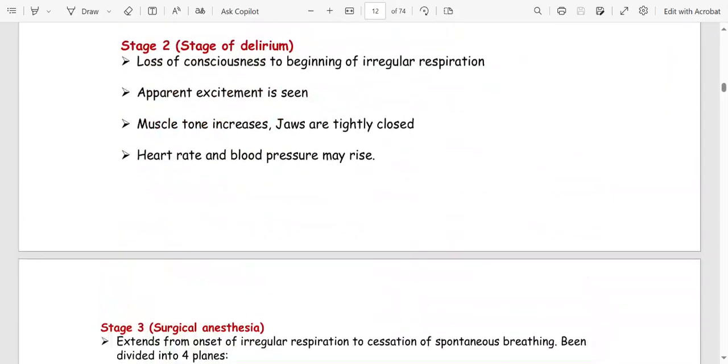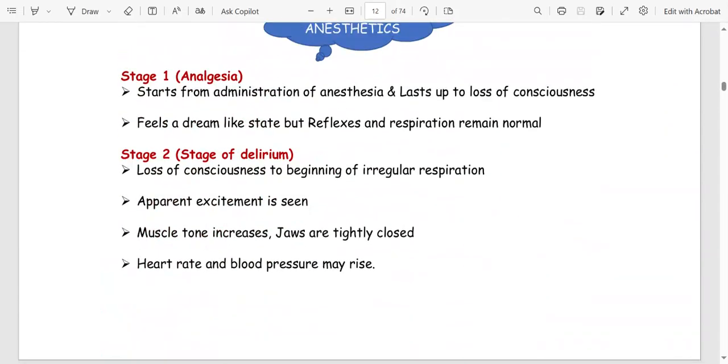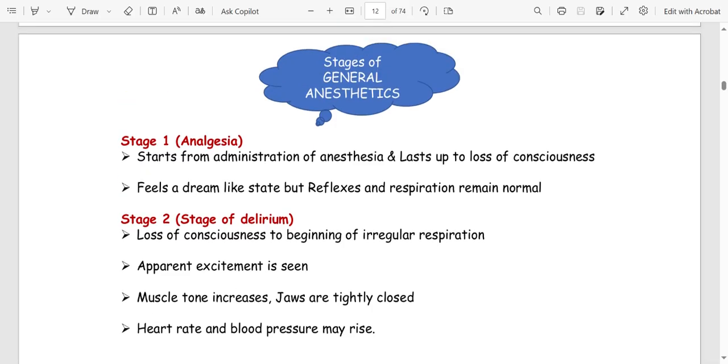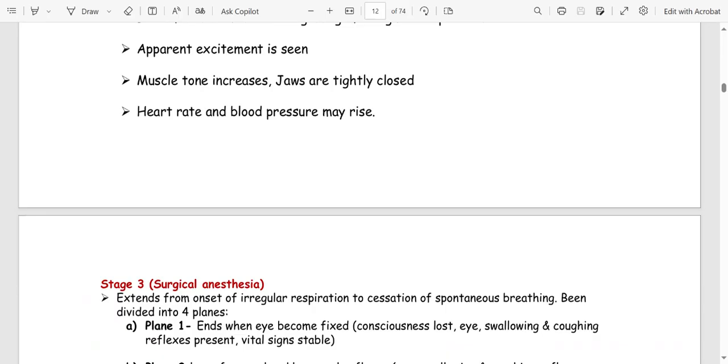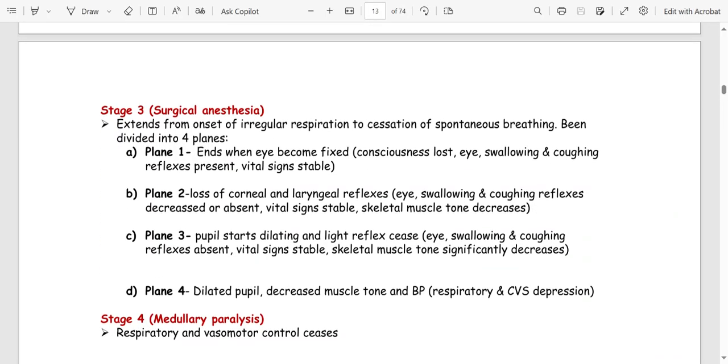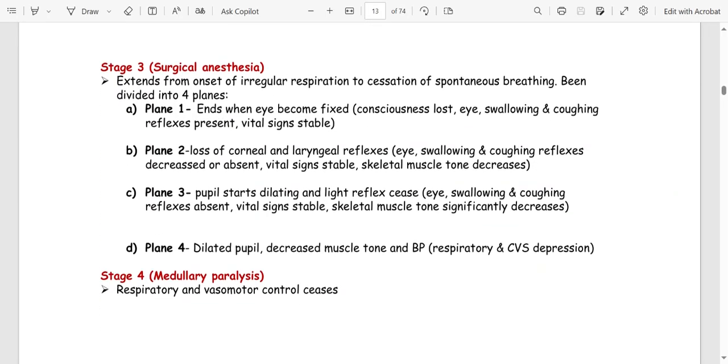Excitement is seen in this stage, and muscle tone is going to increase. So the jaws are going to be tightly closed. The heart rate and the blood pressure will also rise. It is in stage 3 that the muscle tone now drops again.